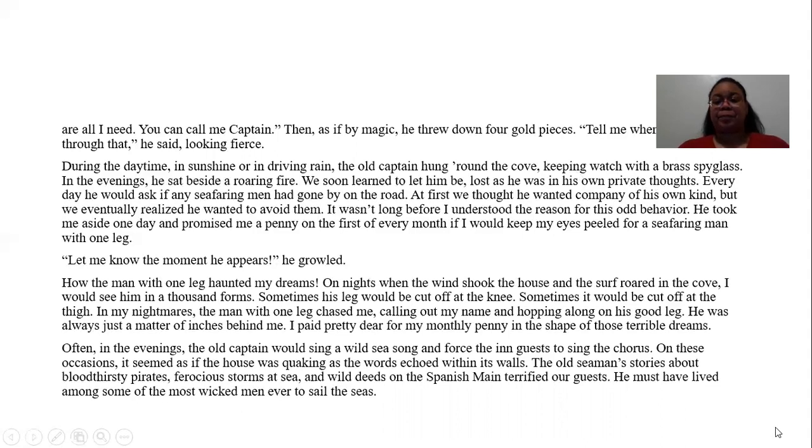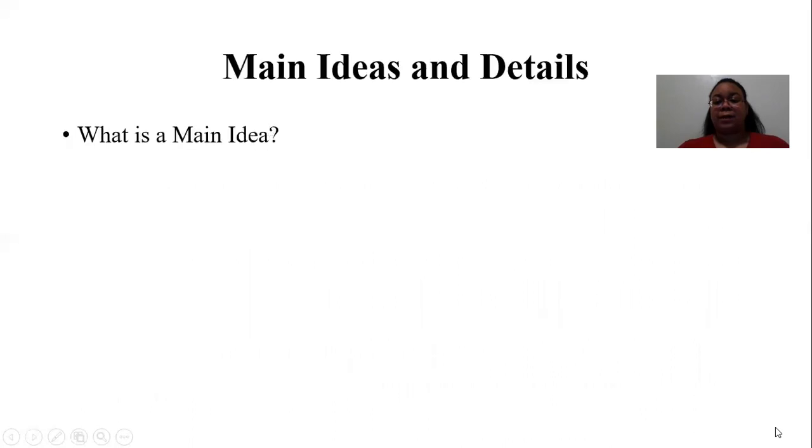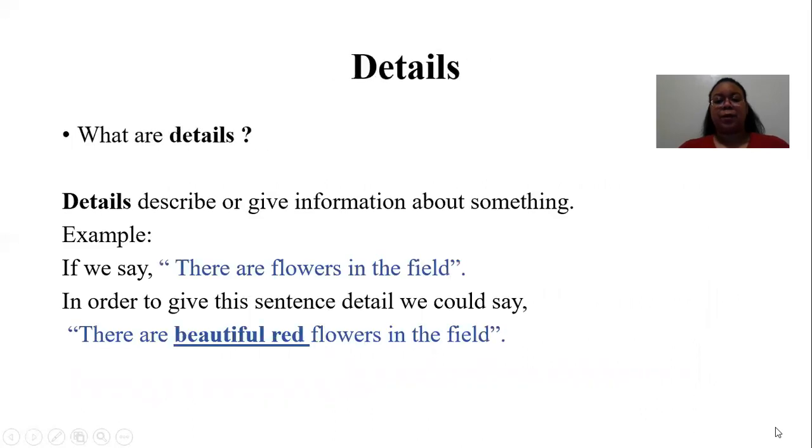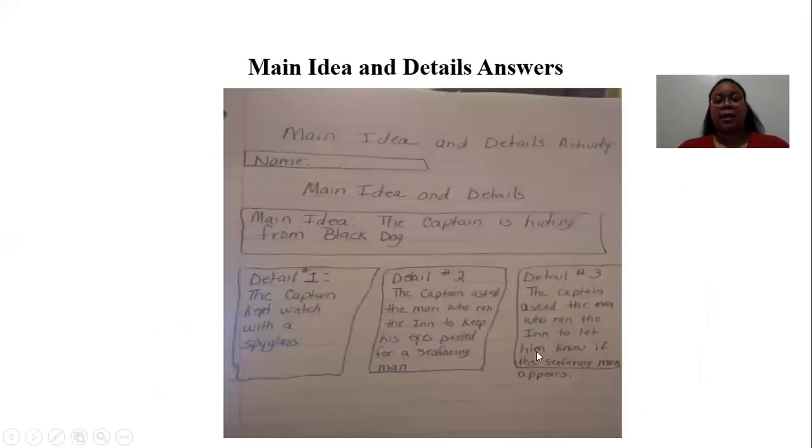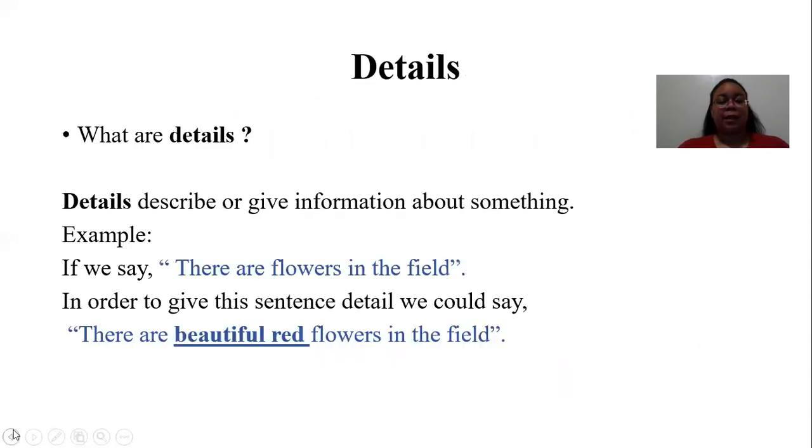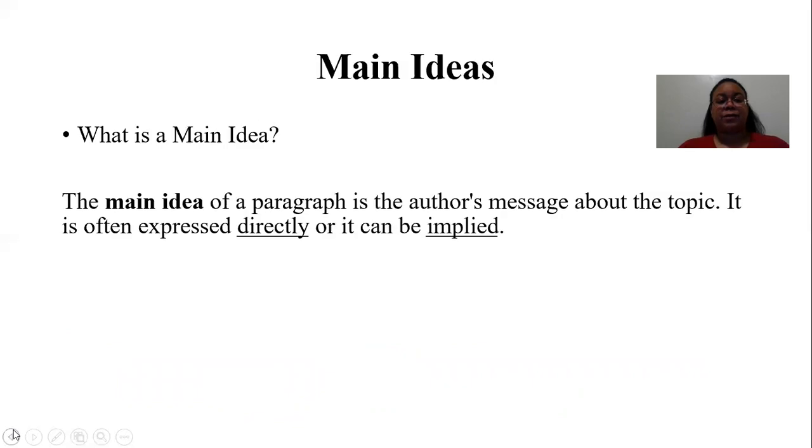All right, so let's look at our second detail that we wrote down. Let me skip ahead. The second detail: the captain asked the man who ran the inn to keep his eyes peeled for a seafaring man. All right, so let's give that supporting evidence. Where do we see that in the story?